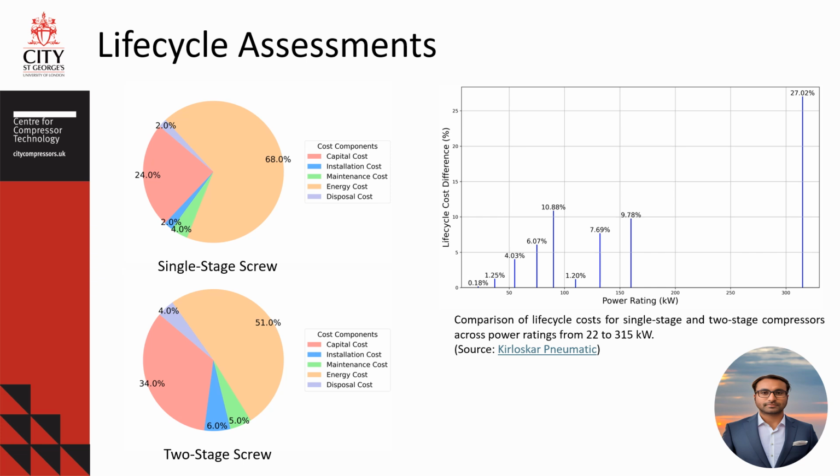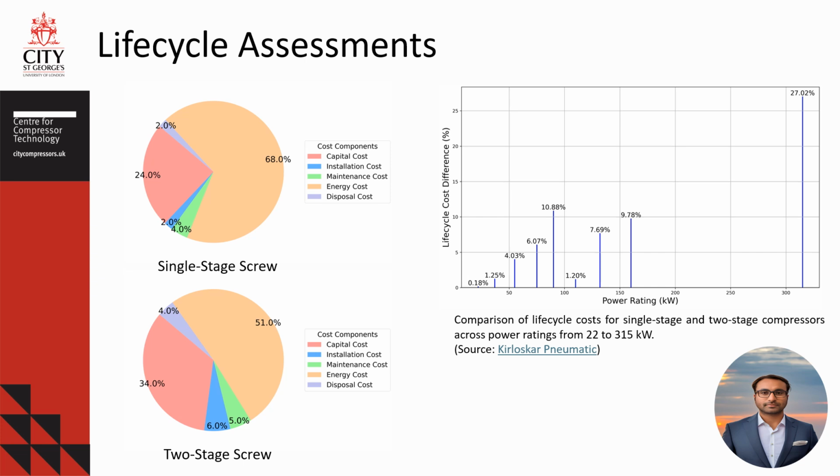When talking about the life cycle cost analysis of compressors with power ratings ranging from 22 to 315 kilowatt, the bar chart illustrates the life cycle cost difference in percentage between single stage and two stage compressor for each power rating. As the power rating increases, the percentage gain in life cycle cost savings for two stage compressors becomes more significant.